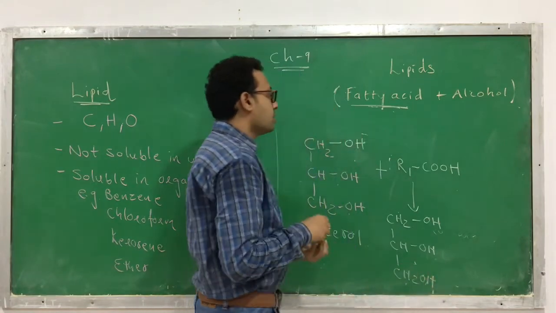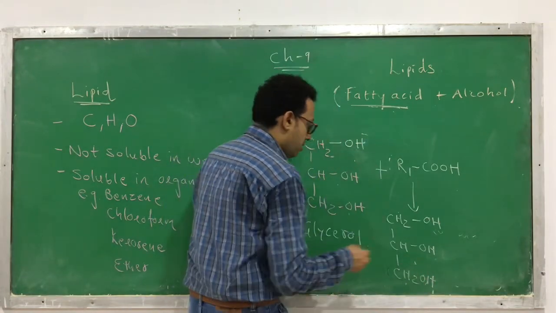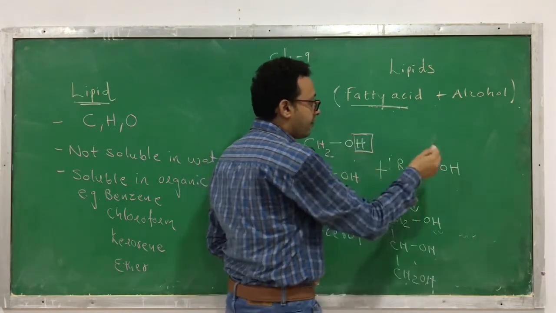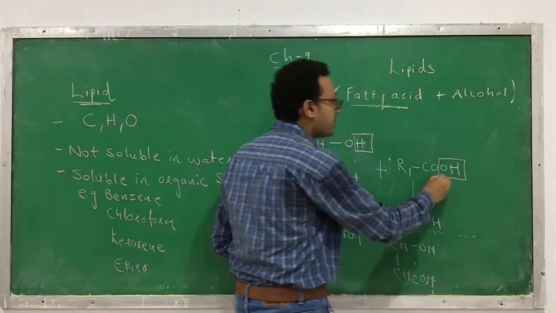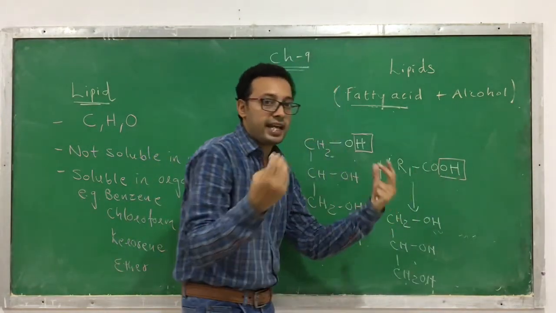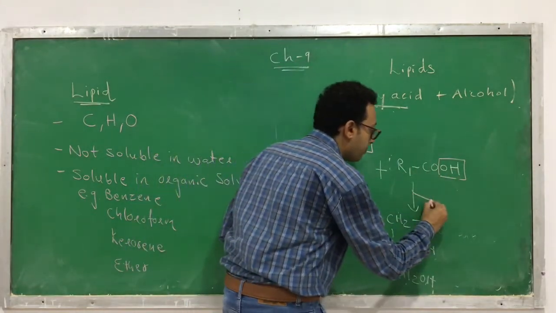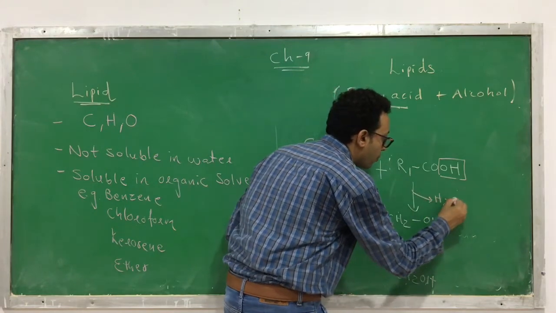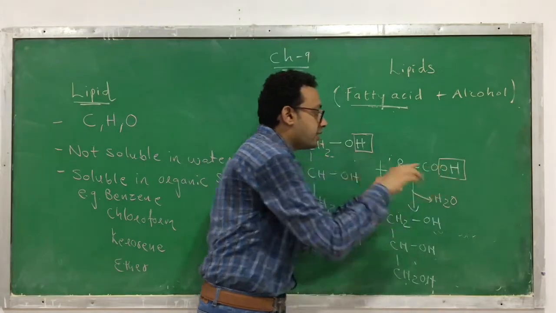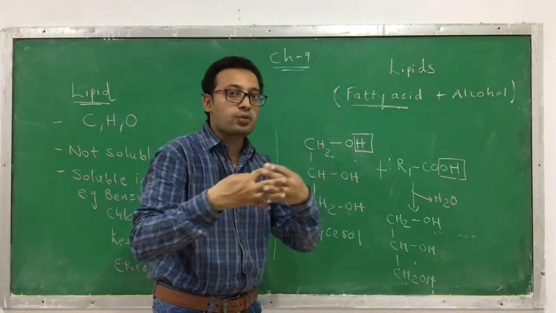So what happens is that this H and this OH are going to be removed. You know that H and OH combine together to form water, H2O. This is the component that is going to be removed, and the other portions are joined.